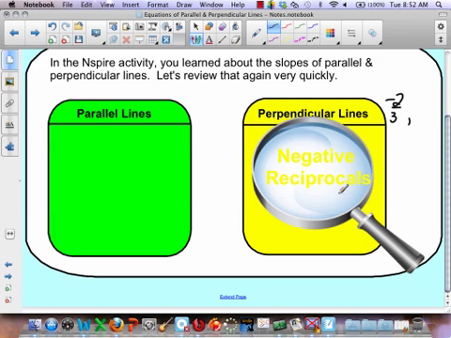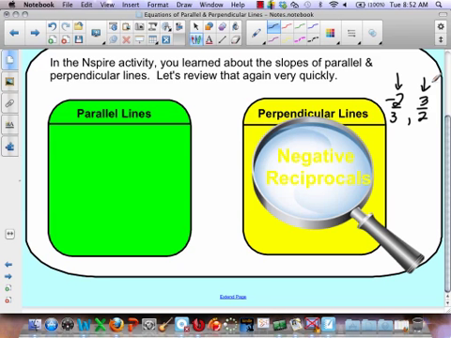And what does the negative tell me to do? Make it the opposite sign. So if I'm starting with -2/3, my negative reciprocal slope would be positive 3 over 2. And there we go. If I have one line with a slope of -2/3 and another line with a slope of 3/2, those two lines must therefore be perpendicular.